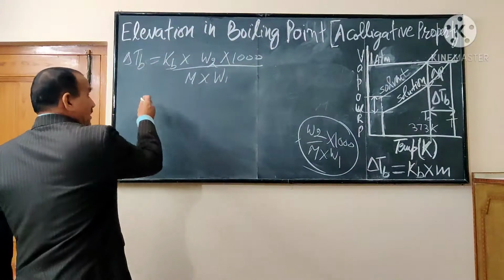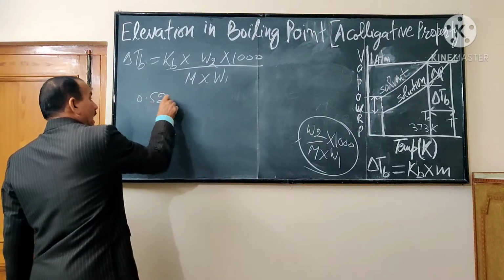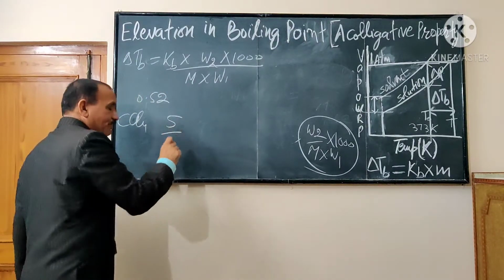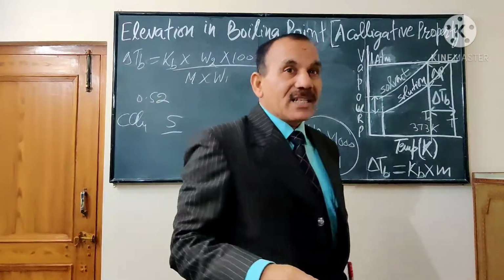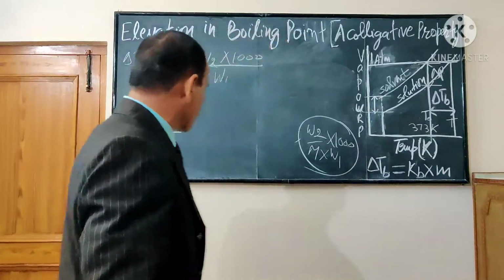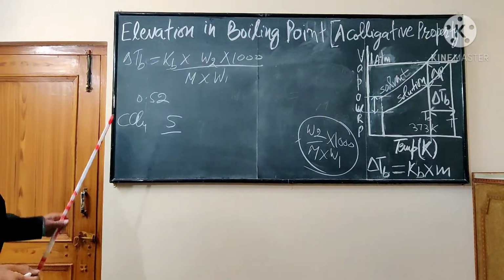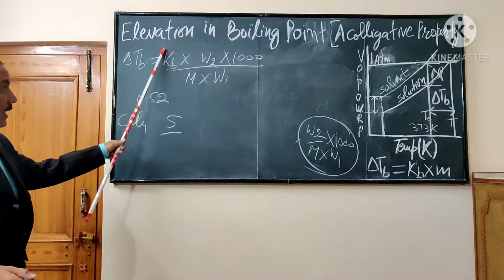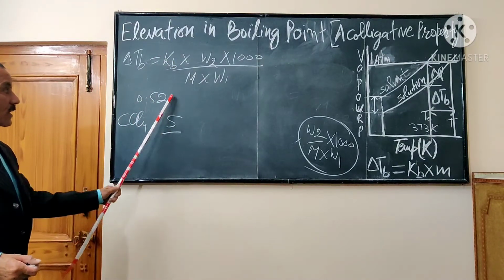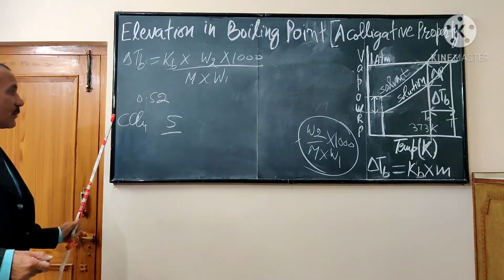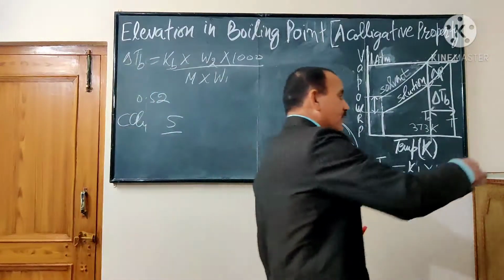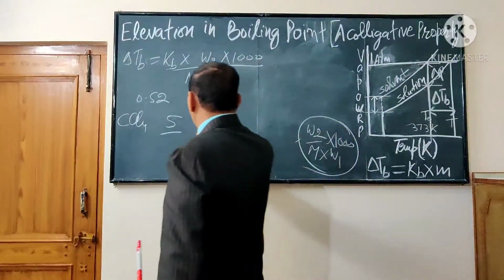For example, for water it is 0.52, and for CCl4 its value is 5. Kb is 10 times in the case of CCl4 as compared to water. This is very important, please. So Kb is the behavior of a pure liquid. For water it is always 0.52, for CCl4 it is always 5, almost 10 times. It is the behavior or property of a pure liquid.